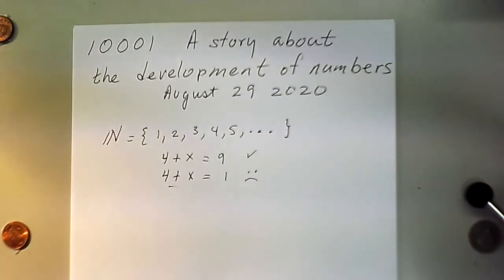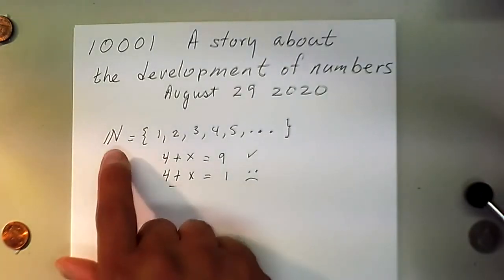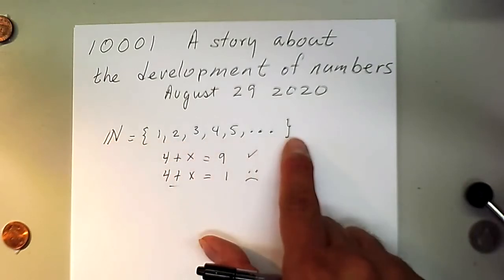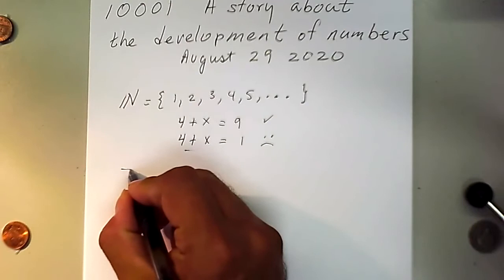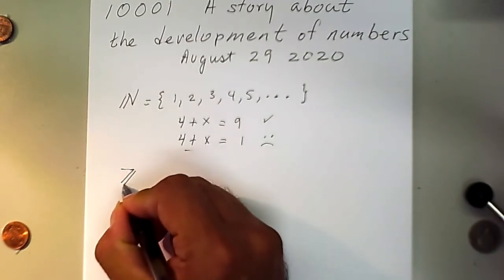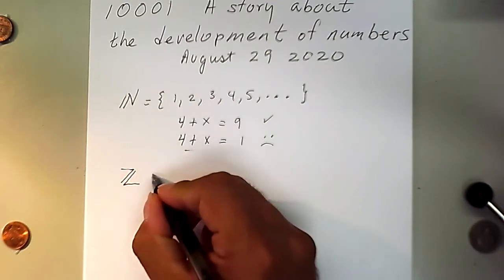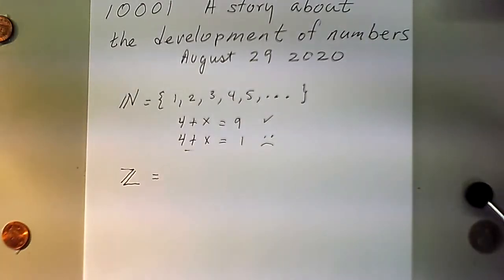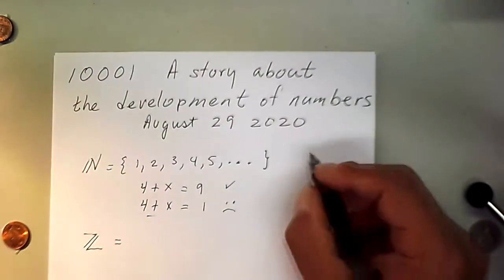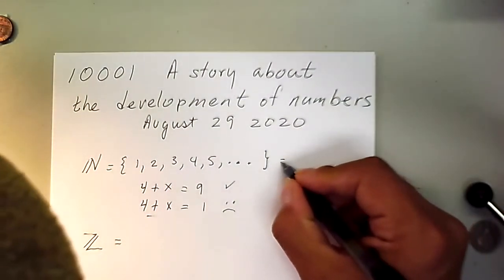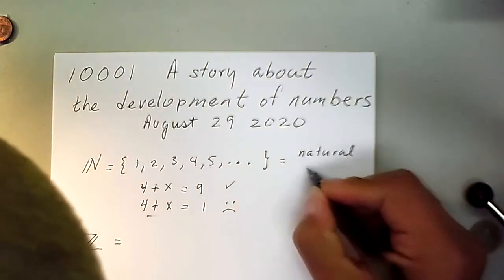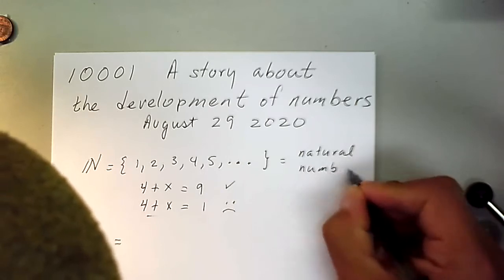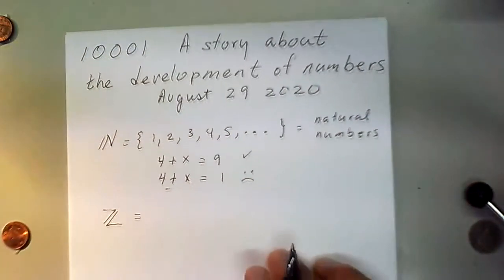So what we can do is expand this set into a new set, which we will denote with a Z and a double bar here. And that is the set of integers. So let me name this. These are the natural numbers. Okay.